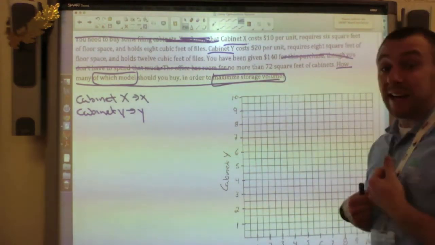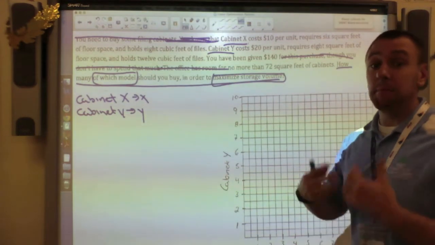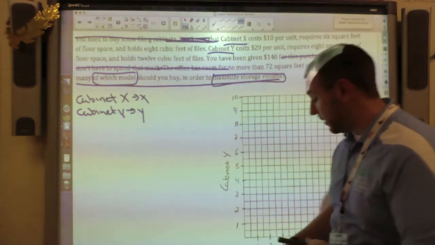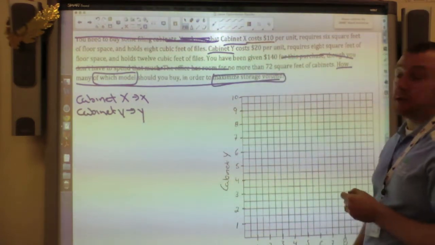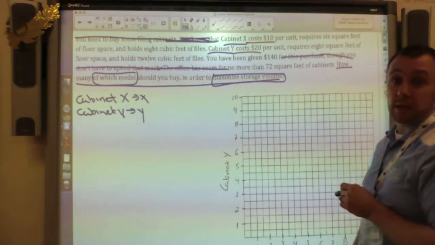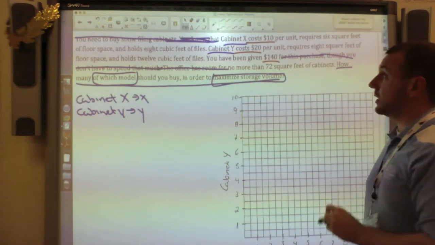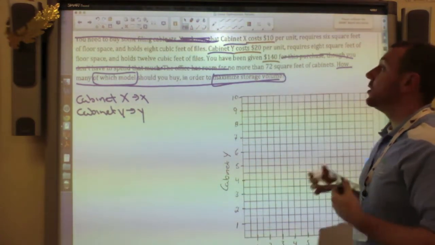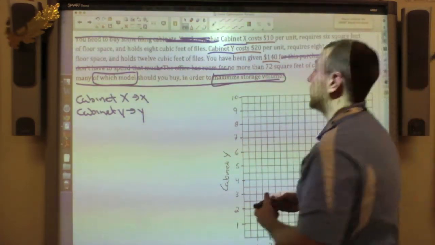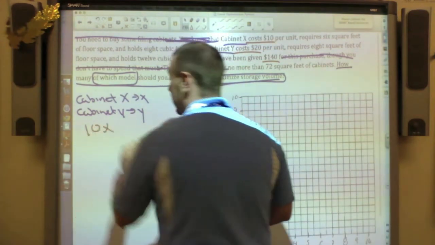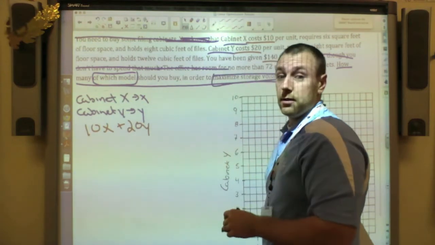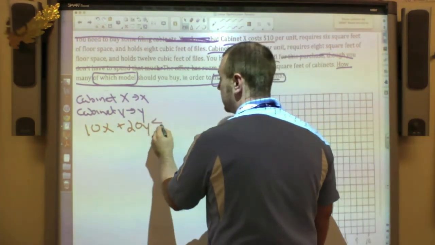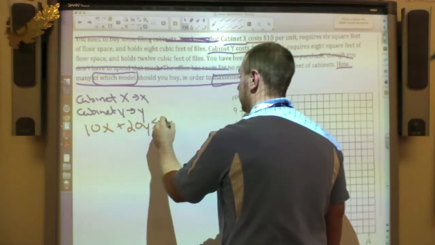So I identify all my money, all my units that need to go together. So my money is X costs $10, Y costs $20, and I have 140. Those are all my dollars. So I'm going to create an equation that says 10x plus 20y can't go over. It has to be less than or equal to 140.